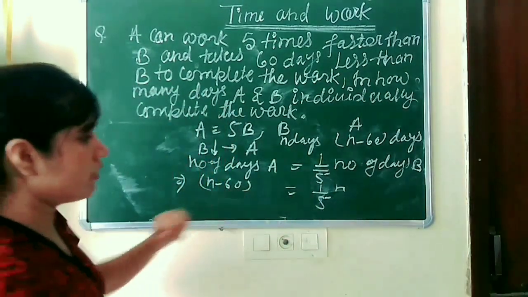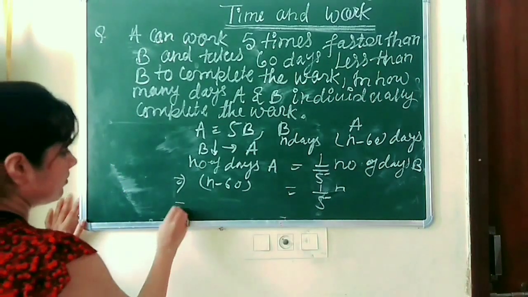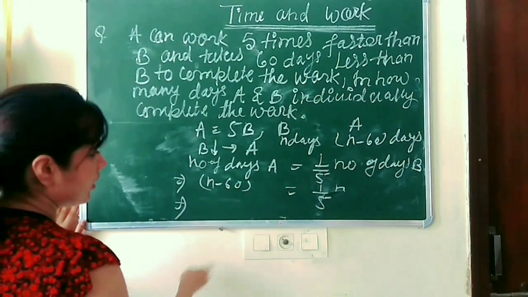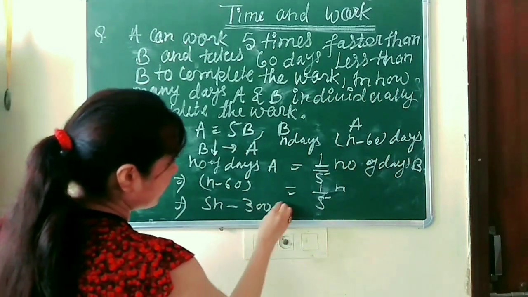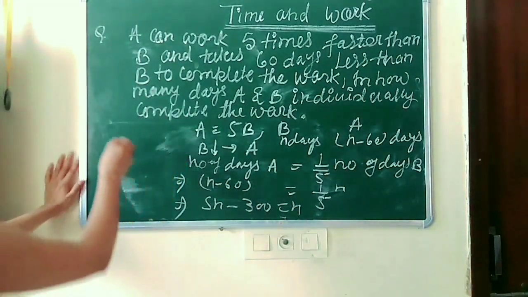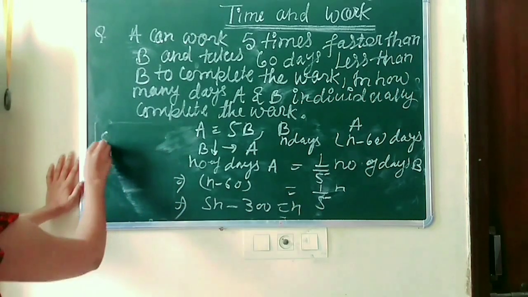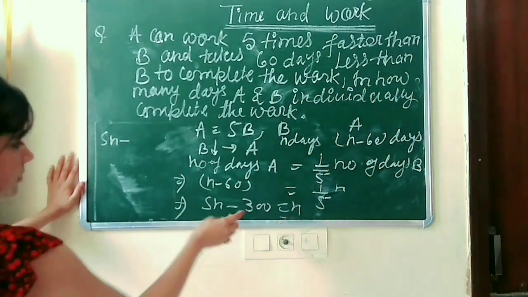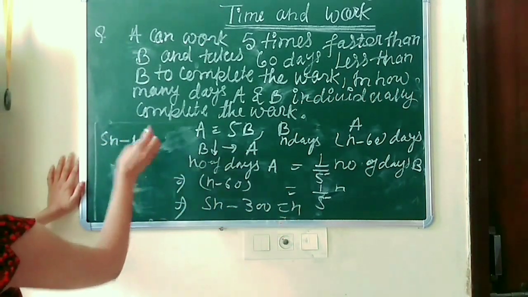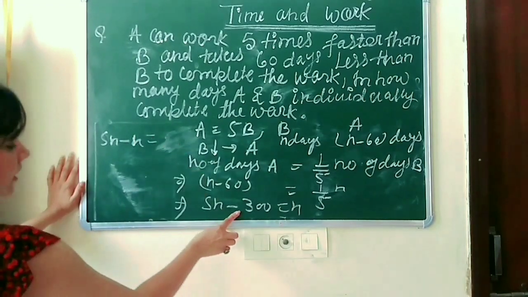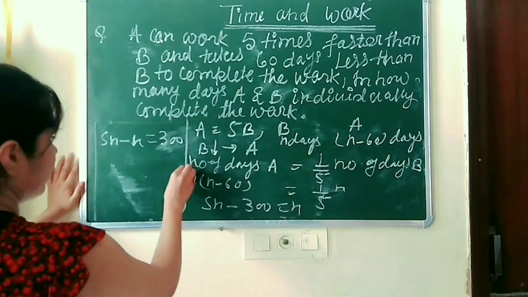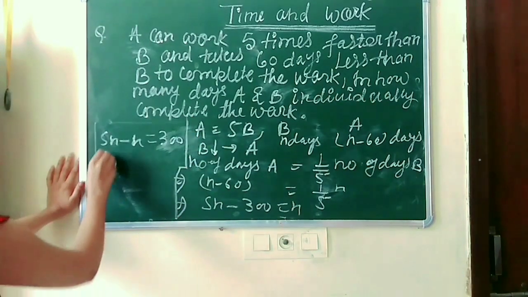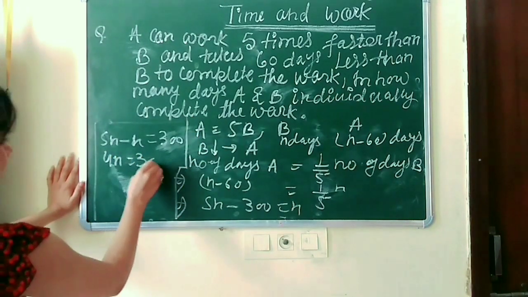Now we will solve this equation. This 5 will come here and multiply, so that will be 5n minus 300 equal to n. From here, 5n minus this n, and this 300 will go to the other side. So 5n minus n equals 300, that is 4n equal to 300.